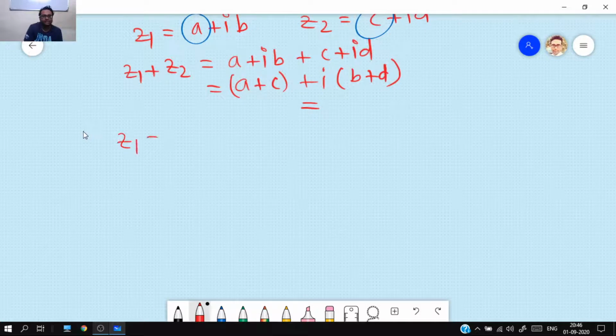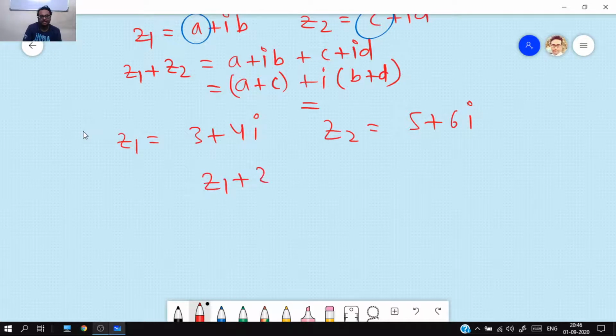Let z1 is equal to 3 plus 4i and z2 is equal to 5 plus 6i. Find z1 plus z2. Simply what we are going to do, we are going to write 3 plus 4i plus 5 plus 6i.